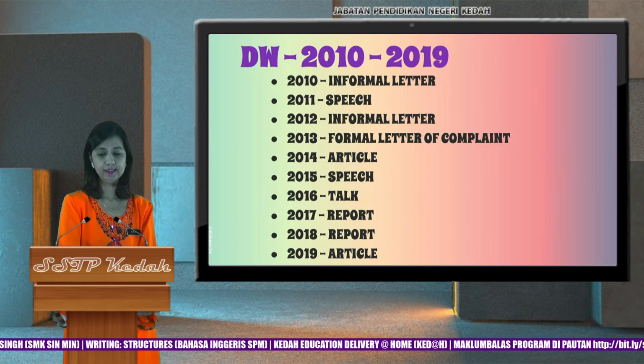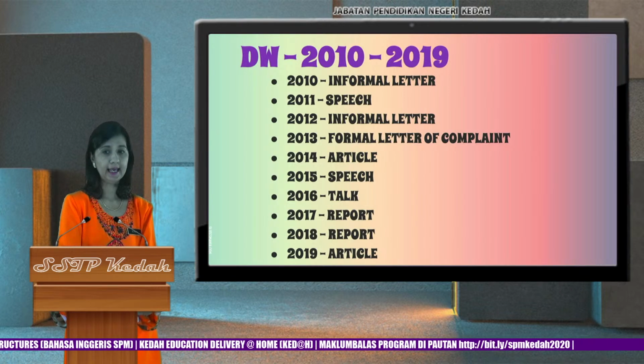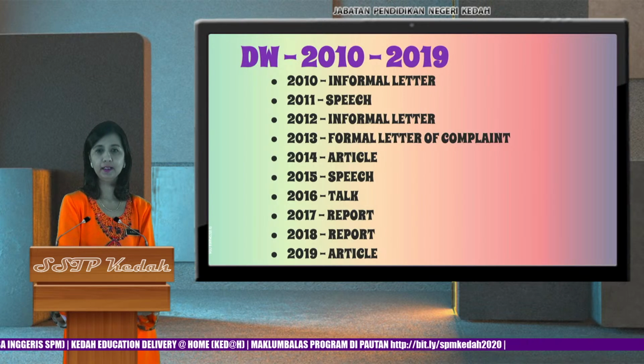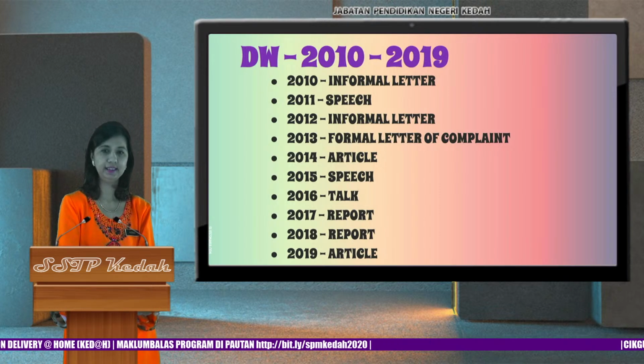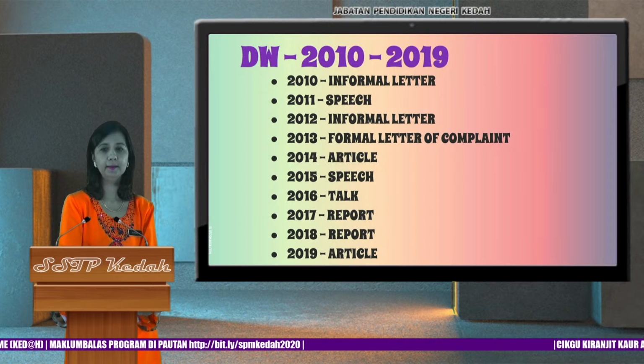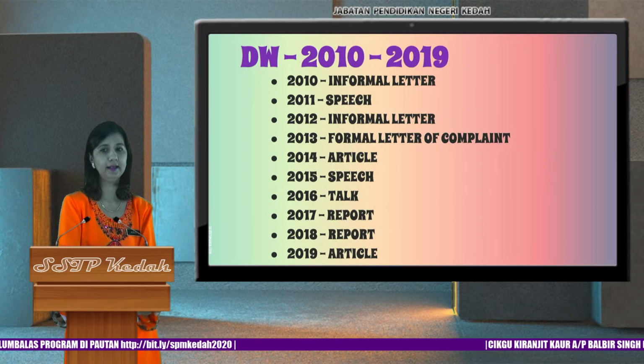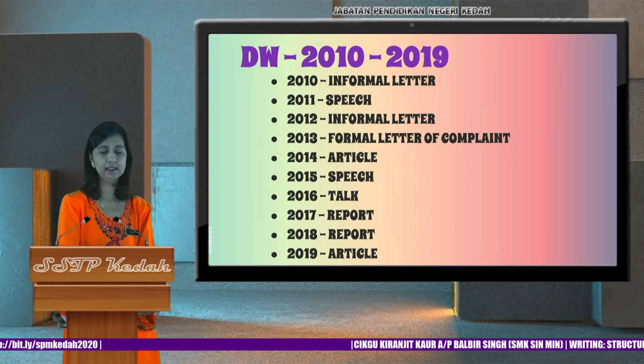So it's quite difficult to know or to guess what's going to come up this year, or rather next year, for 2020 SPM students. What's going to come up? I'm sure your teachers have guessed or given you some tips or hints. No one knows actually, right?